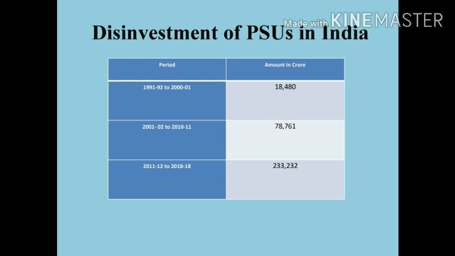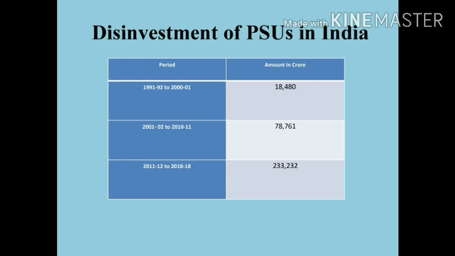Now let us look at the statistics related to the disinvestment of public sector units in India. Disinvestment of public sector units is a process of public asset sales by the President of India on behalf of the Government of India. It may be directly through IPO or indirectly through a bidding process in the capital market.